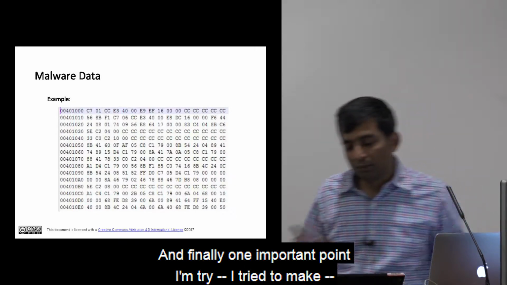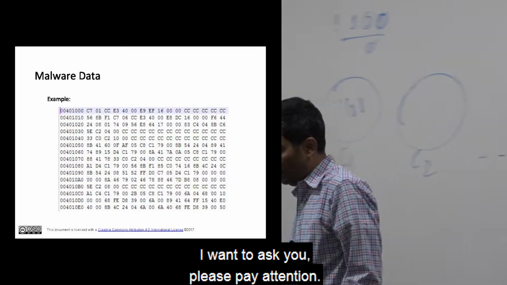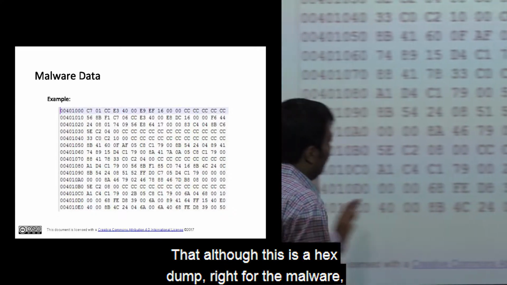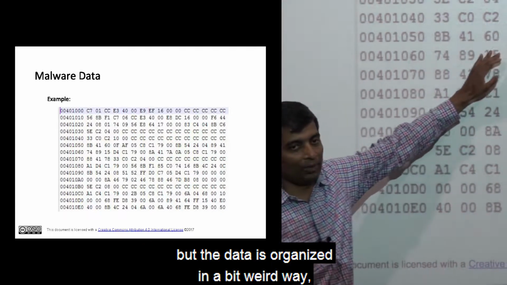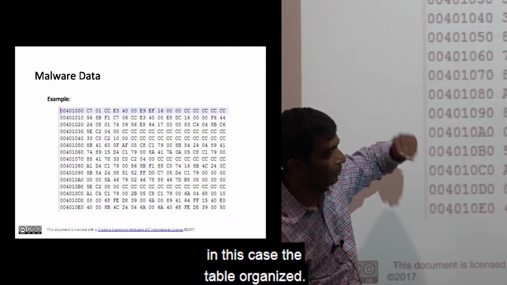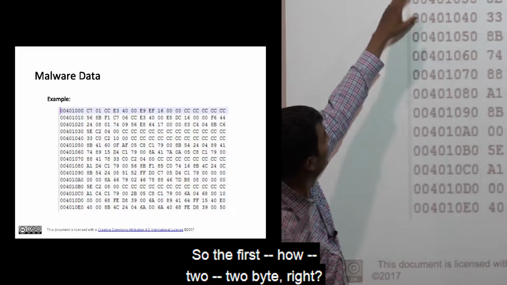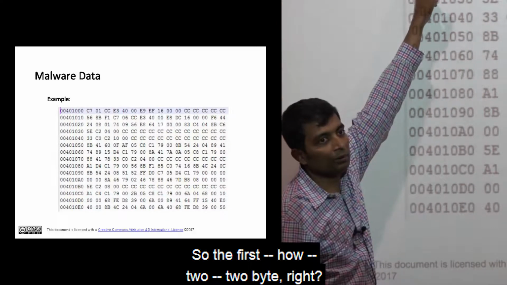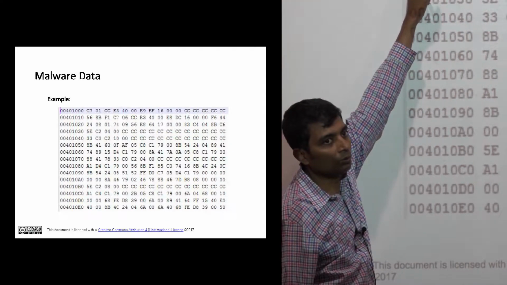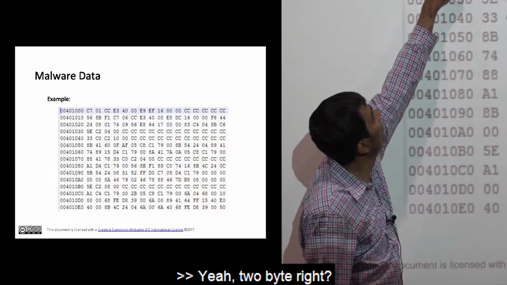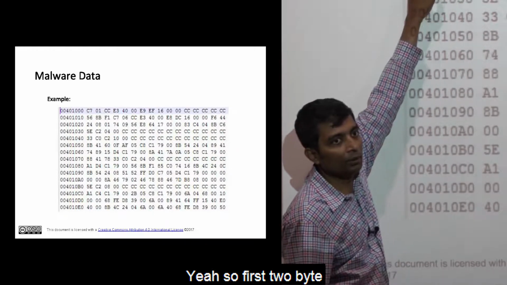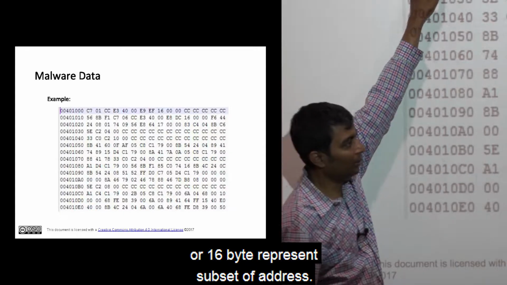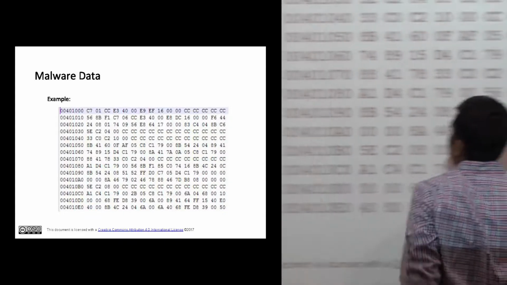Finally, one important point I want to make, please pay attention: although this is a hex dump for the malware, the data is organized in a slightly weird way, as Kaggle organized it. The first 2 bytes, or 16 bytes, represent some sort of address.